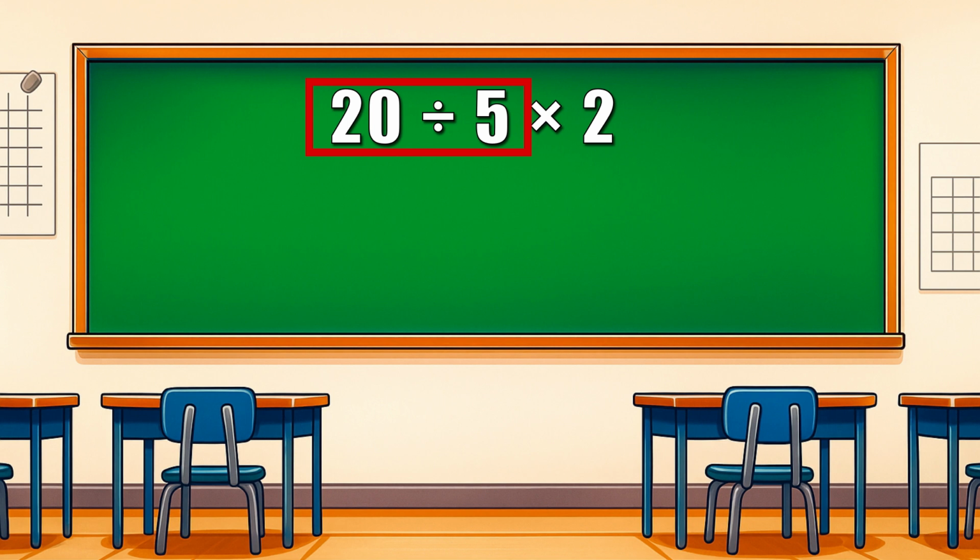So 20 divided by 5 is 4. And then multiply that by 2 and your answer is 8. So yes, 8 is the correct answer, not 2. Remember, always go left to right for MD and AS.